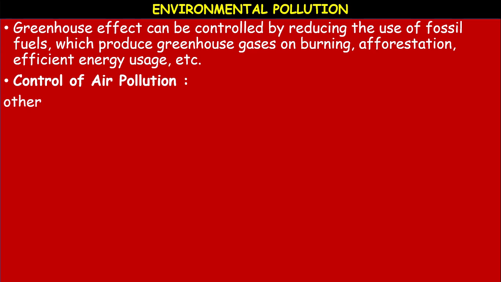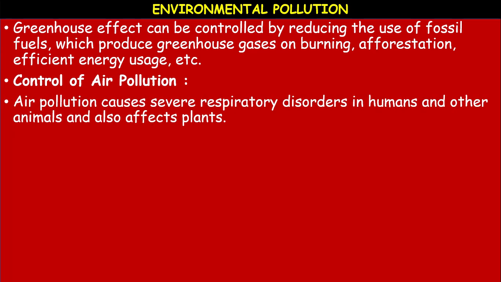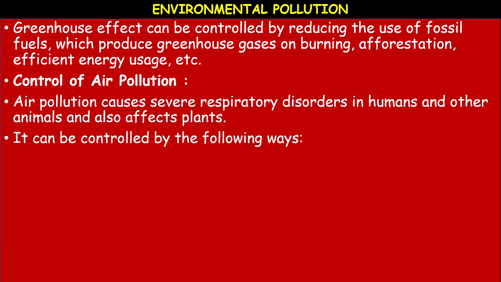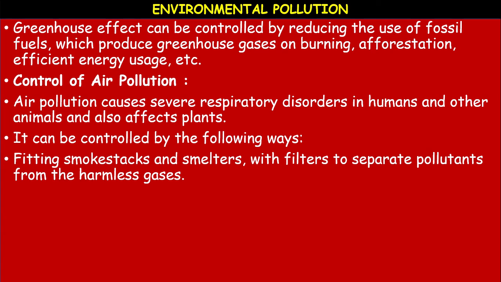Control of air pollution. Air pollution causes severe respiratory disorders in humans and other animals, and also affects the plants. It can be controlled in the following ways. Number 1, fitting smokestacks and smelters with filters to separate the pollutants from the harmless gases.